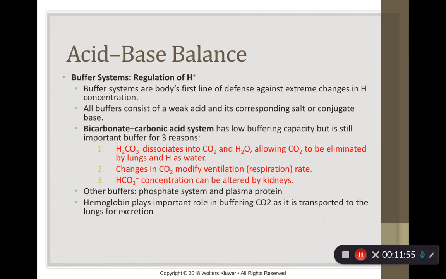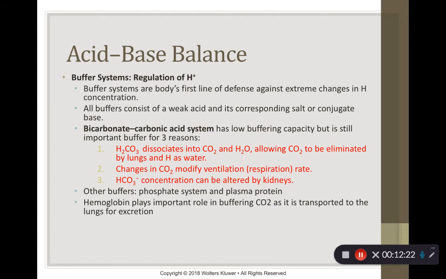There are other buffer systems that are important as well, such as the phosphate system and a plasma protein buffer system. And also, it is important to keep in mind that hemoglobin plays a very, very important role in buffering carbon dioxide as it is transported to the lungs for excretion. So hemoglobin here plays a huge role.